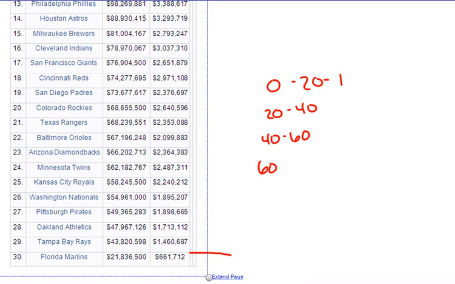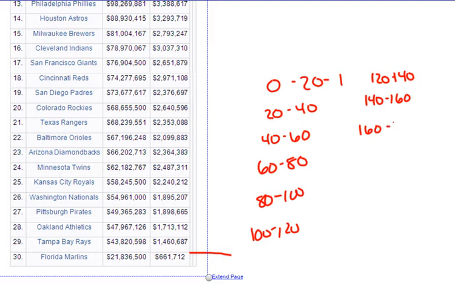I'm going to make a table here and count how many teams before I make my histogram, going all the way through to 220, because my biggest number was 209.